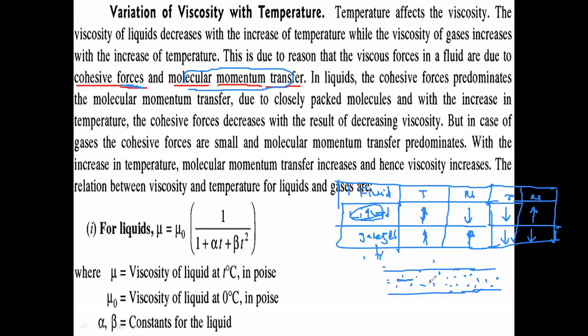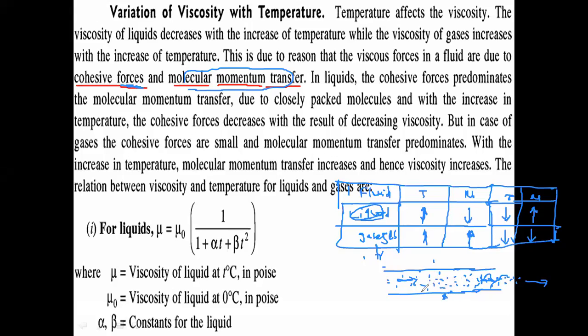All the molecules are moving in this direction because of the pressure. As they are moving in this direction, they might be moving in other directions also, but the resultant direction is this direction.